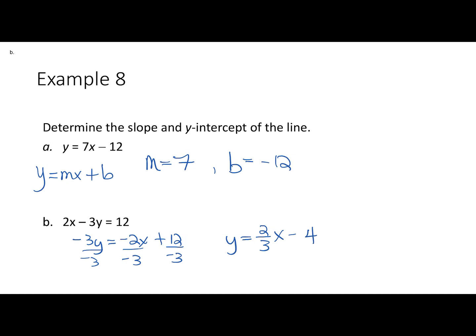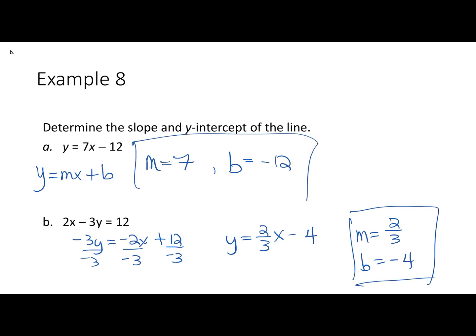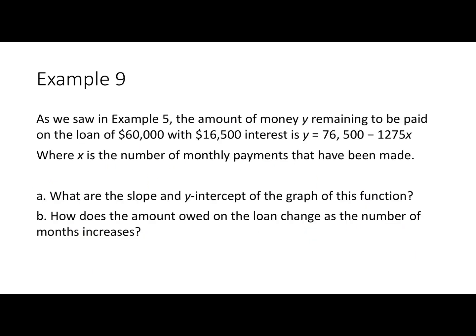Now, what is the slope? m equals 2/3. What is the y-intercept? The constant, b equals -4. All right, let's keep on rolling.